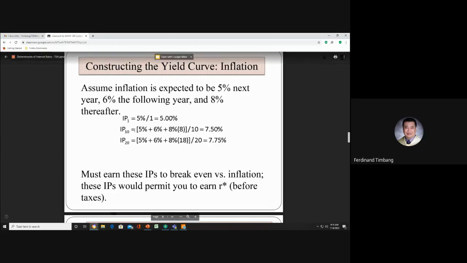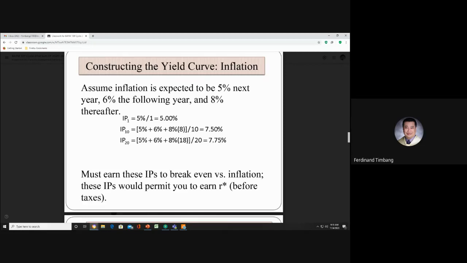So kung makikita nyo, the first year is 5%, second year is 6%, and then meron siyang thereafter dito na 8%, so 8% times 8. And then you sum this, you get the sum, divided by 10, you get 7.5%. So the same thing if you are computing for the inflation for 20 years.